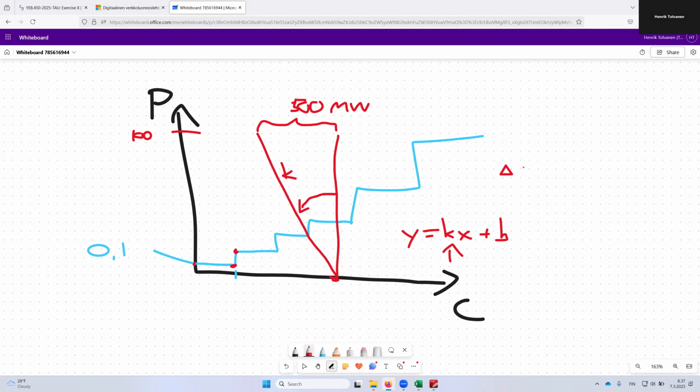So delta y is going to be the change in price, and this is going to be the change in capacity. So let's see what we can get out of that. We have a 500 megawatt capacity change, and this is going to be 100 euros per megawatt hour.